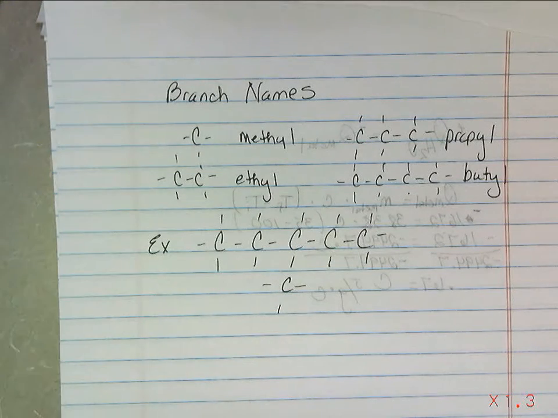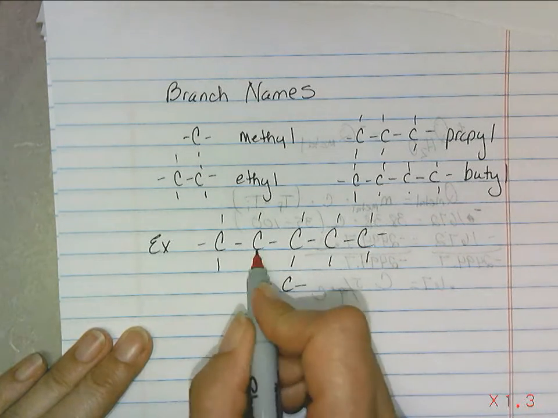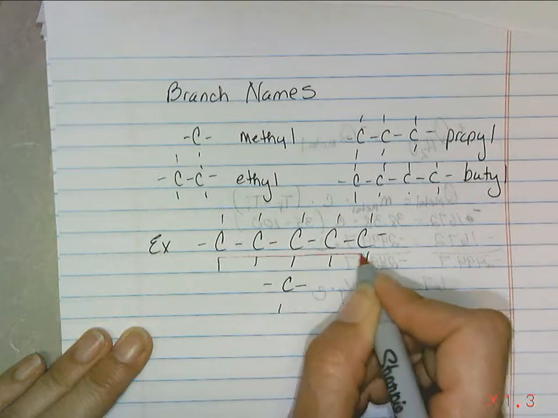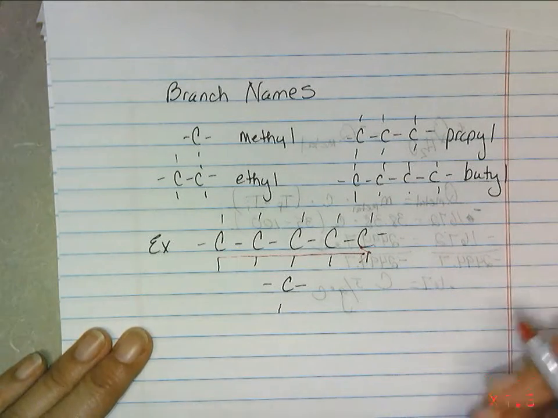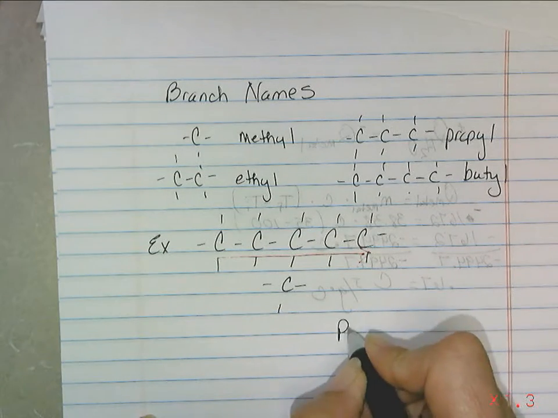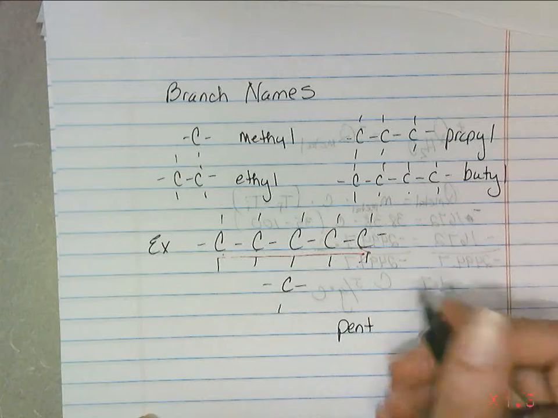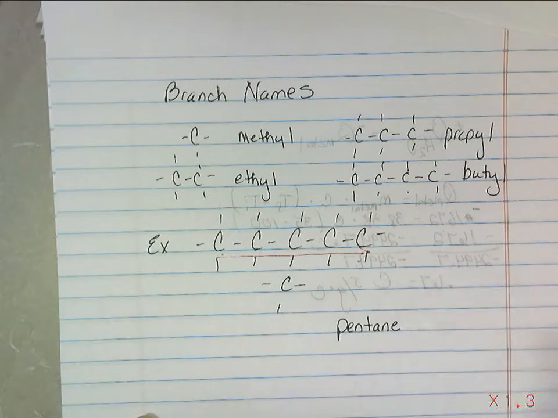We're going to name it. First, find the longest carbon chain. Looks like this is it. 1, 2, 3, 4, 5. So what's 5? 5 is pent. These are single carbon bonds, so it becomes pentane.